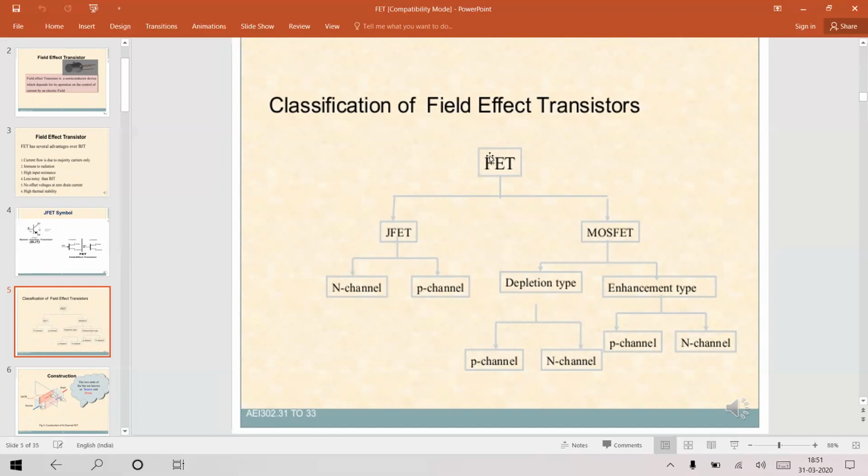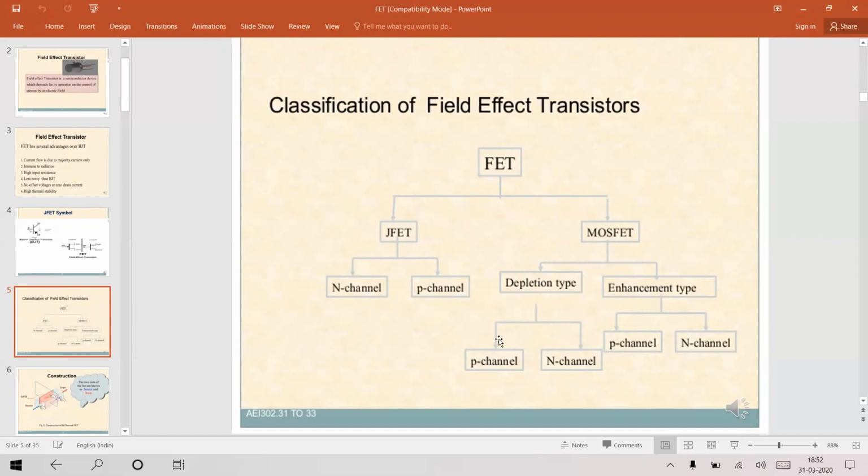Classification of FET. Field effect transistor can be classified into junction field effect transistor and metal oxide semiconductor field effect transistor. JFET again can be divided into N channel JFET and P channel JFET. MOSFET again can be divided into depletion type MOSFET and enhancement type MOSFET.